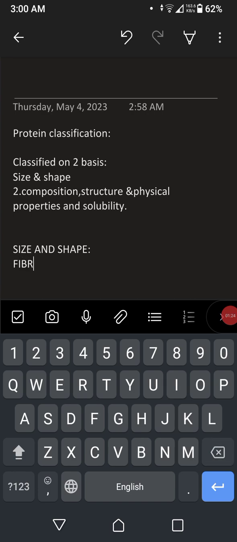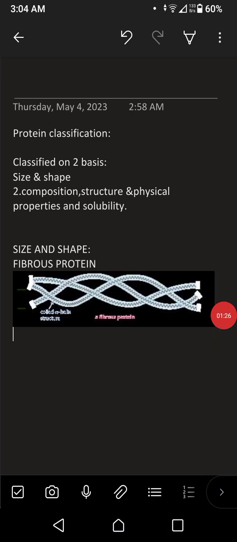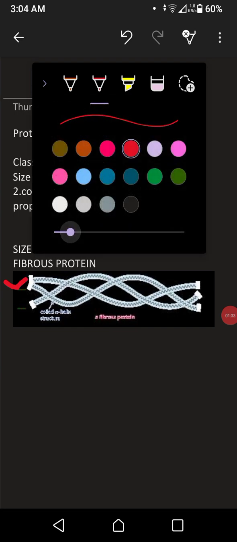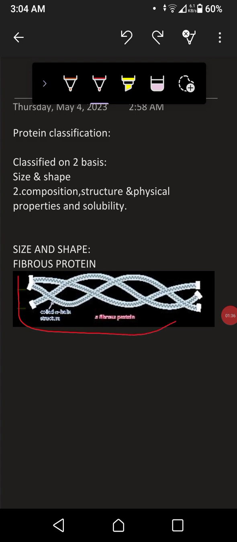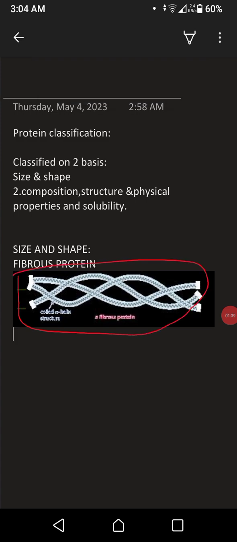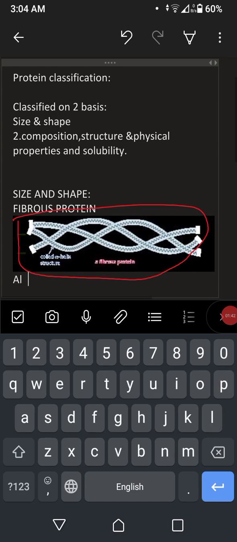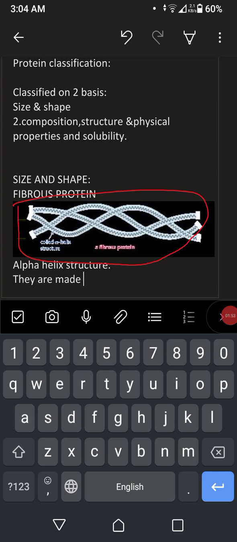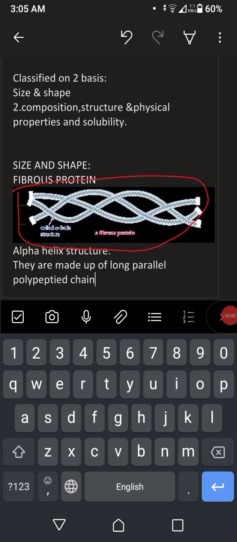So the first part we are going to discuss: as you can see, this is the fibrous protein structure, which has an alpha helical structure, and they are made up of long parallel polypeptide chains along a single axis.